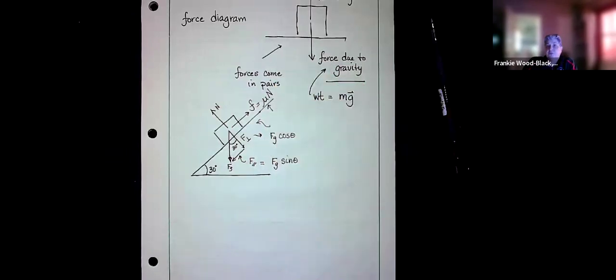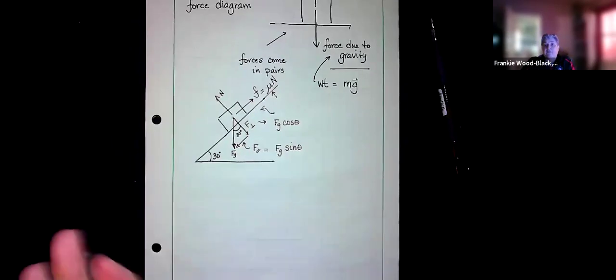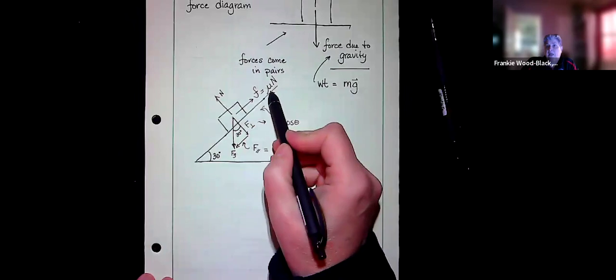That's one way we can actually measure coefficients of friction. Coefficients of friction are empirical, and we know that a rough surface is going to have a higher coefficient of friction than a smooth surface. These will come in a variety of tables.